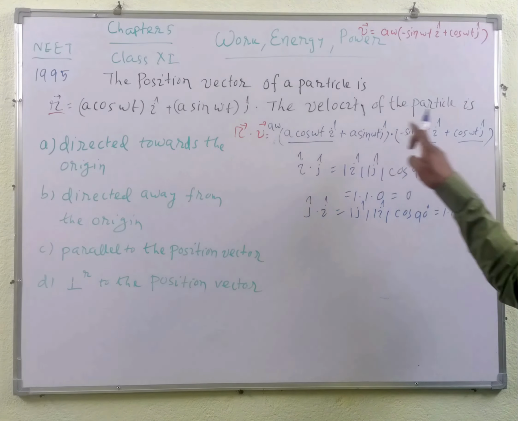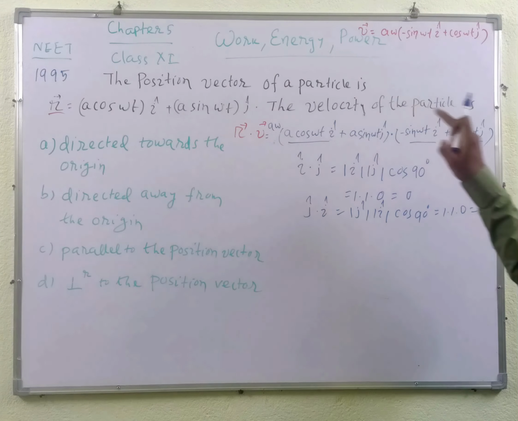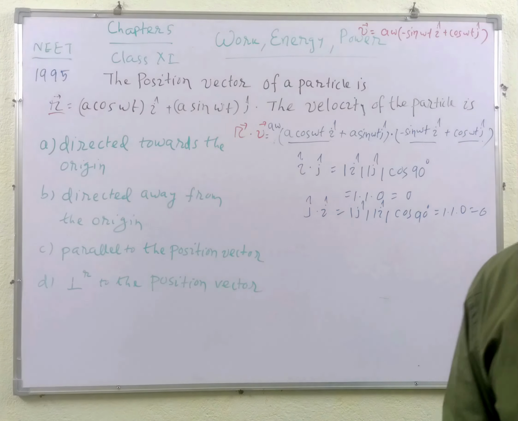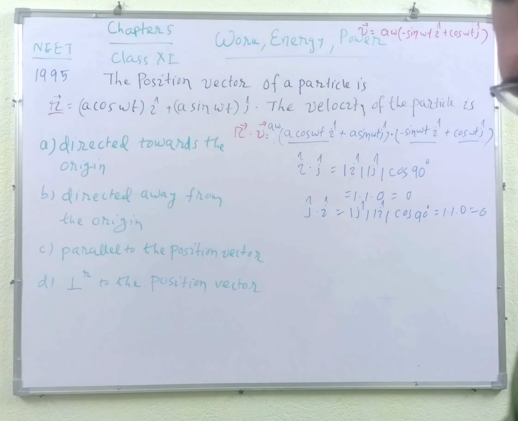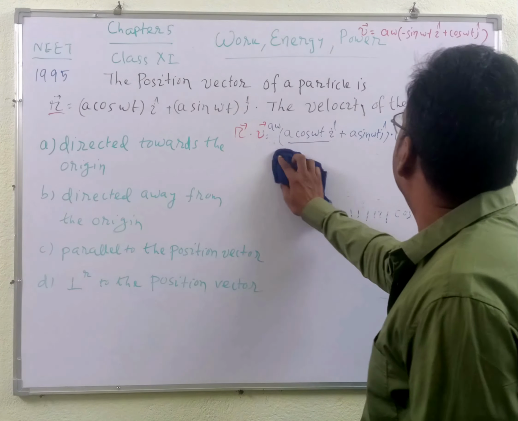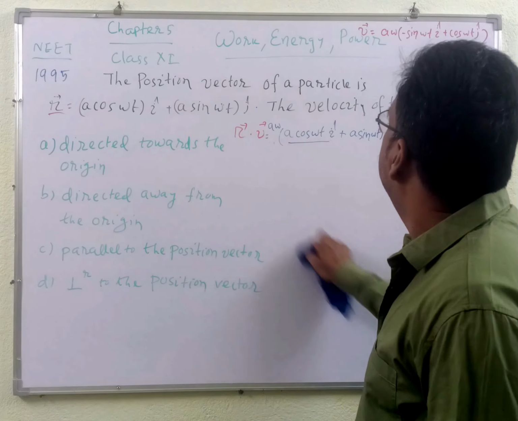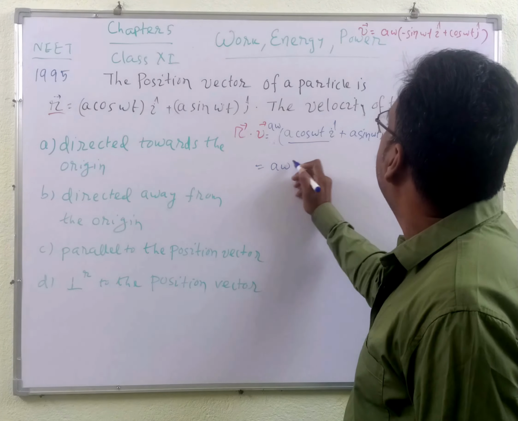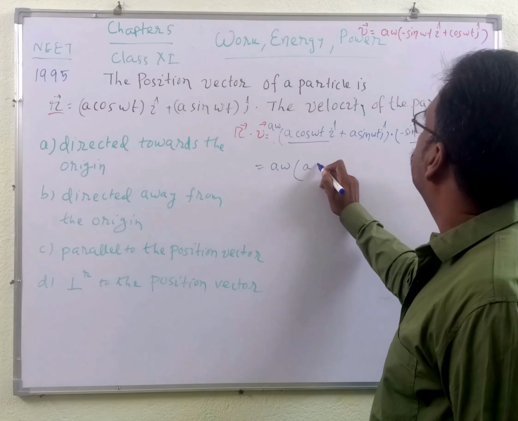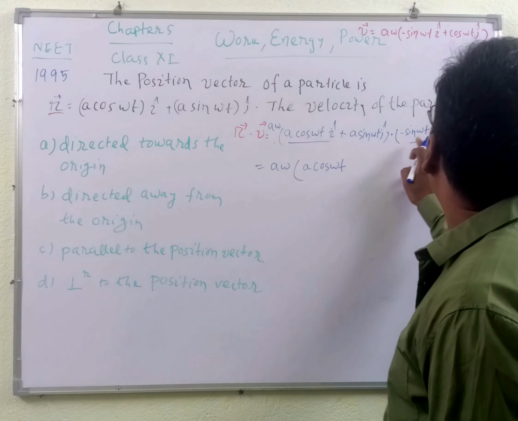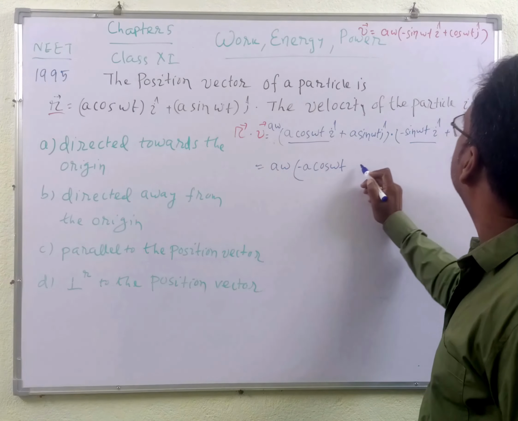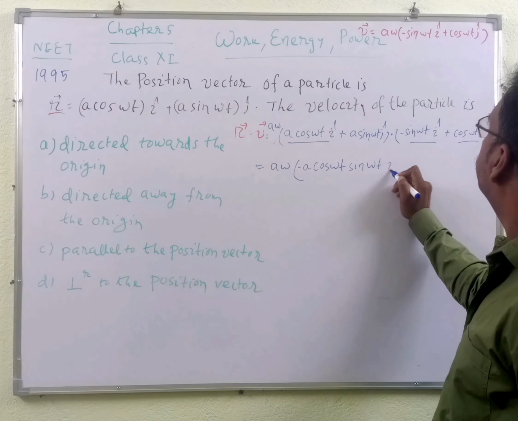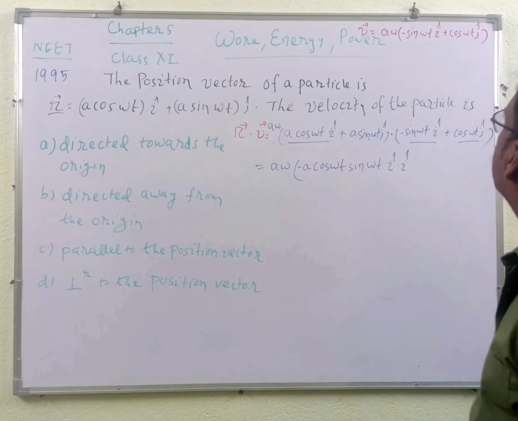So these i dot j terms and j dot i terms will vanish and only two terms will be left. Those will be the i dot i term and the j dot j term. That will be a omega into a cos omega t, and this one minus sin omega t, i cap dot i cap.